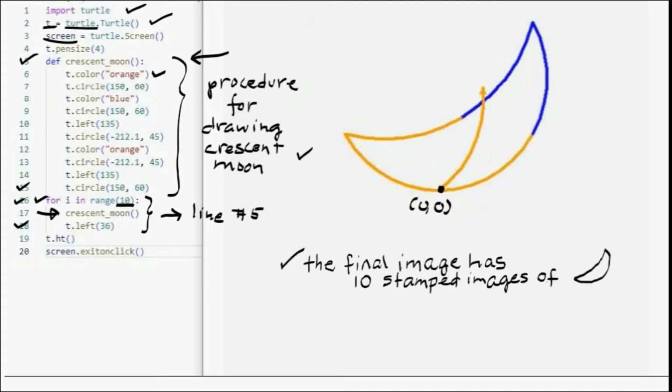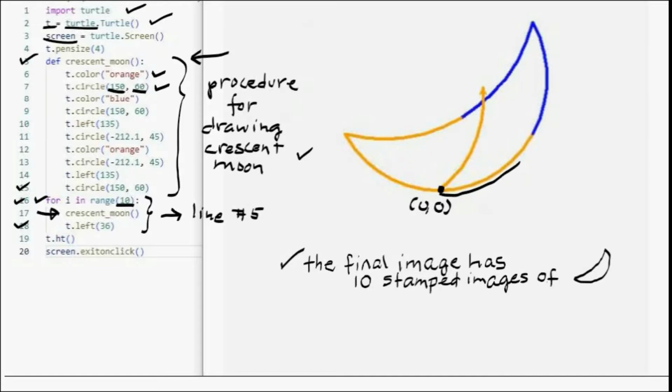I'm going to make the arc color orange, and then for line number 7, the arc will be taken from a circle with a radius of 150 and drawn over a central angle of 60 degrees. And on the right side, it is this orange arc here.